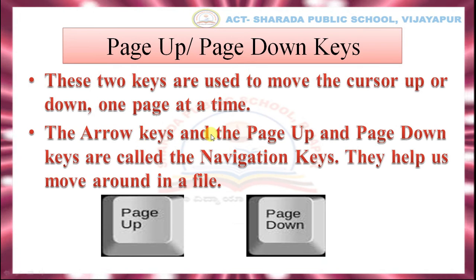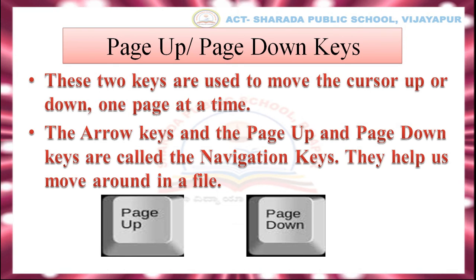The arrow keys and the page up and page down keys are called the navigation keys. They help us to move around in a file. Hope you have understood the functions of different keys.